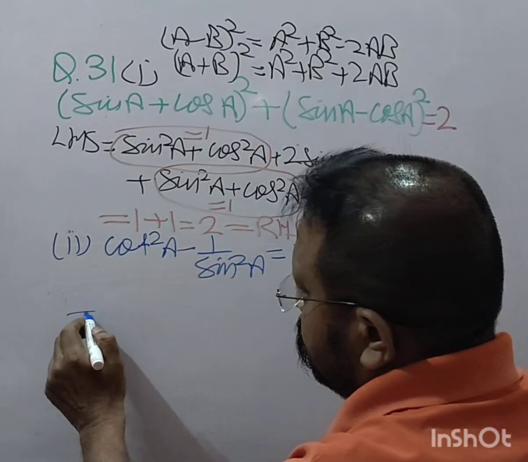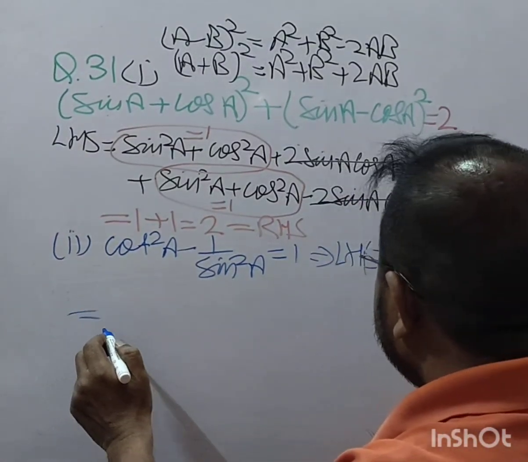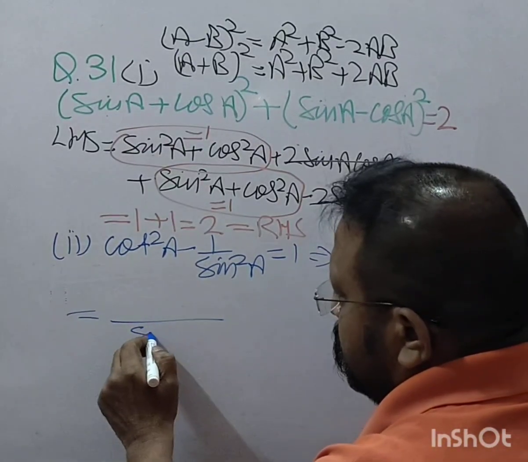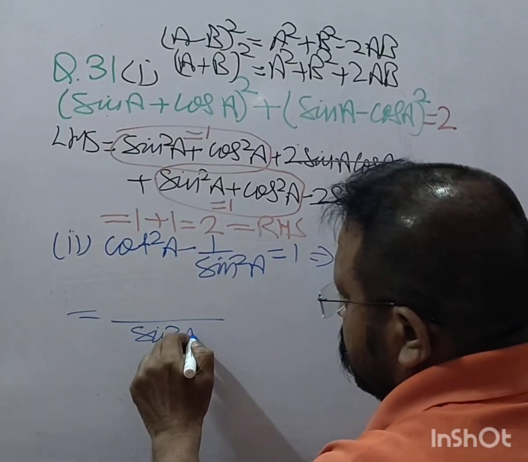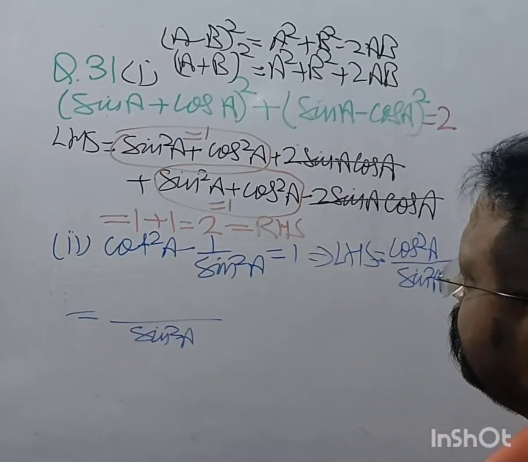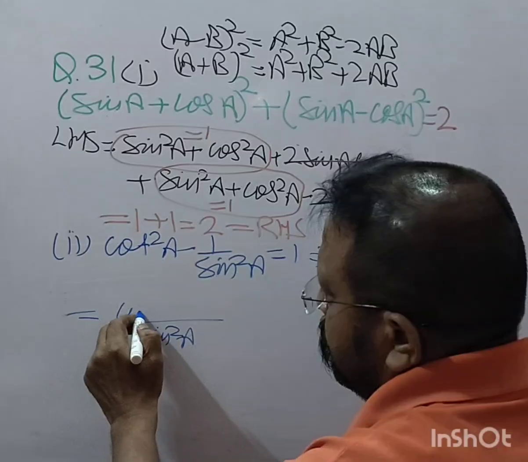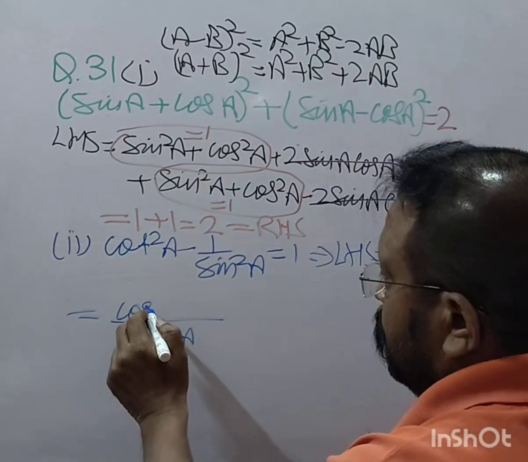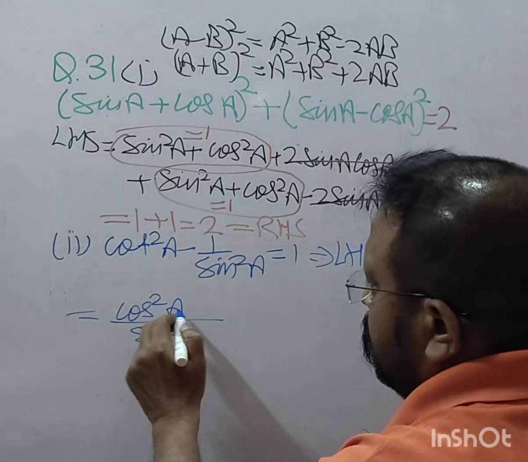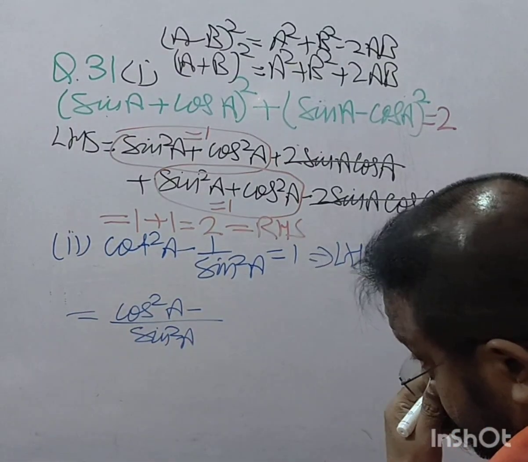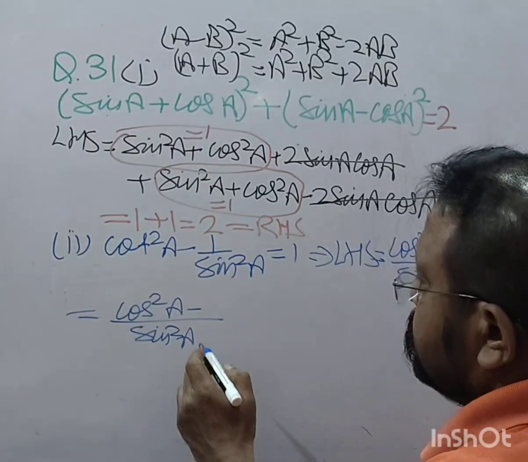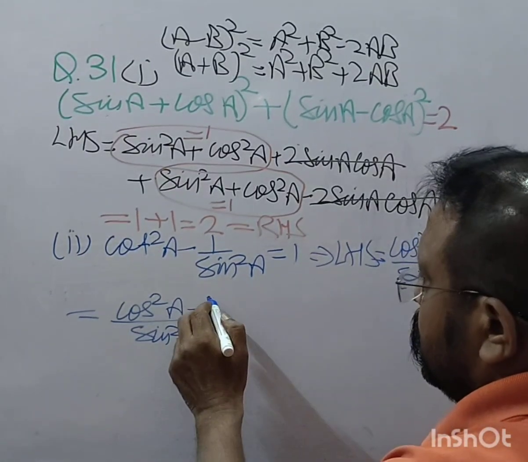Now we take sin square A as common, and we get cos square A minus 1.